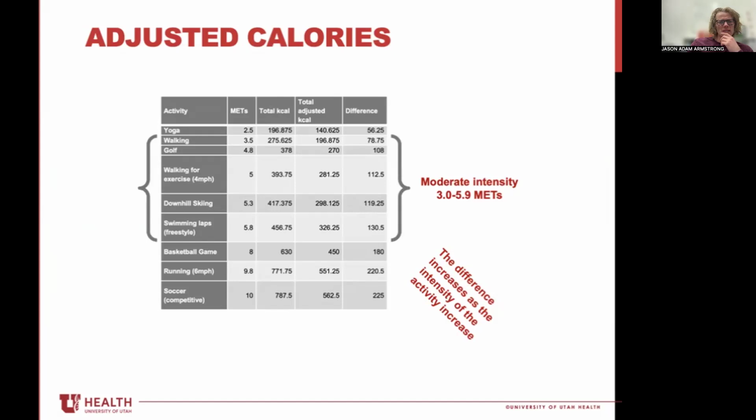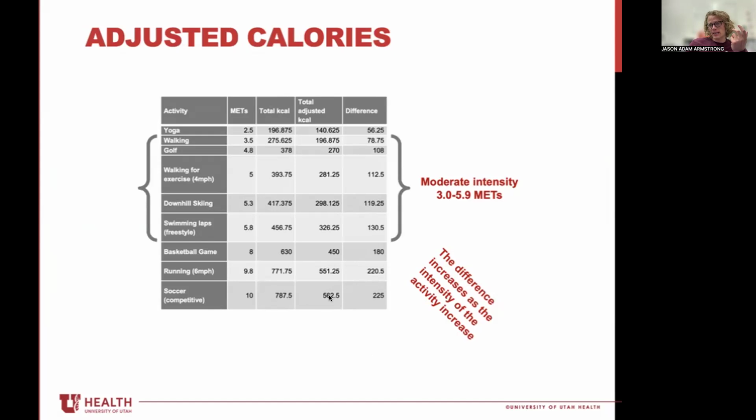I think this is based off of 60 minutes of this activity, if I remember right. I'll go double check. But across 60 minutes, I now have a 225 calorie deficit that I need to make up. So my watch is telling me, hey, you've burned 787 calories, when in reality you've burned 562.